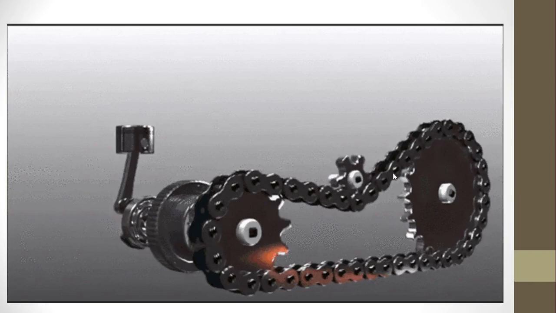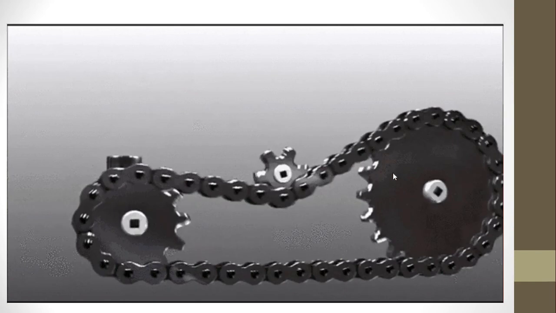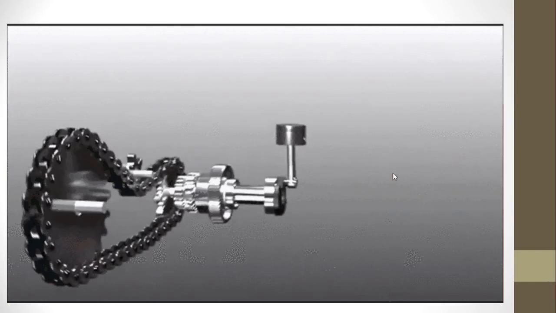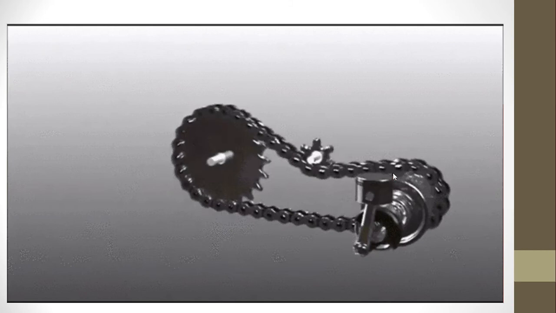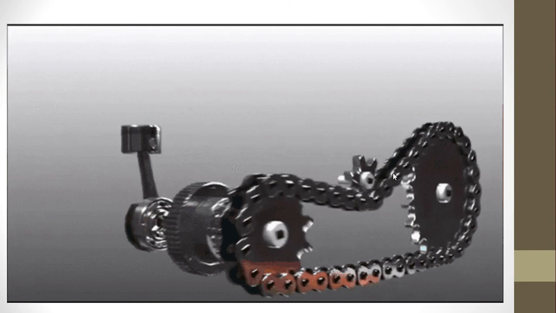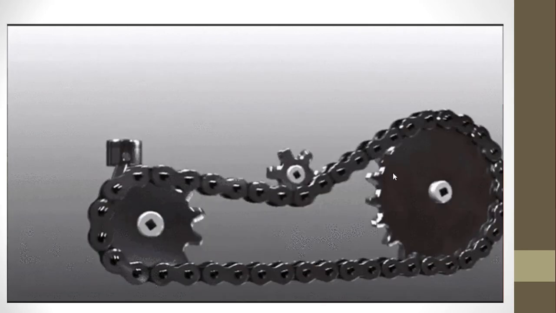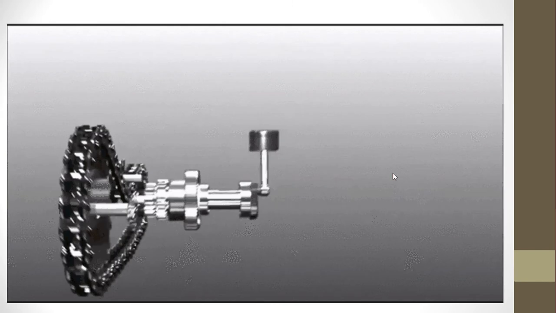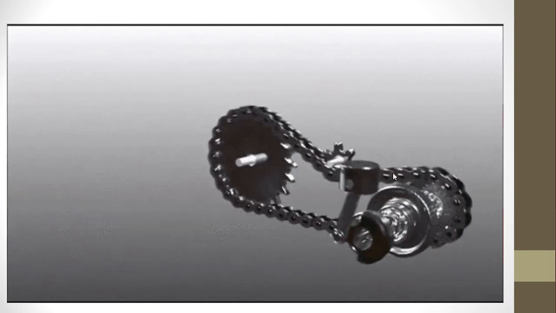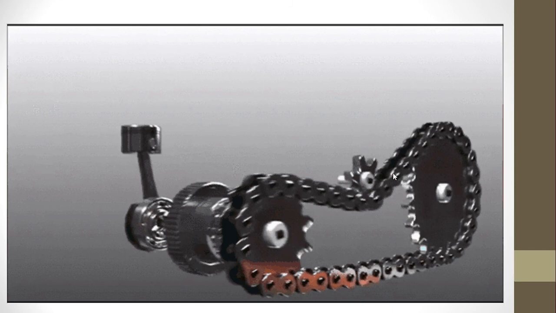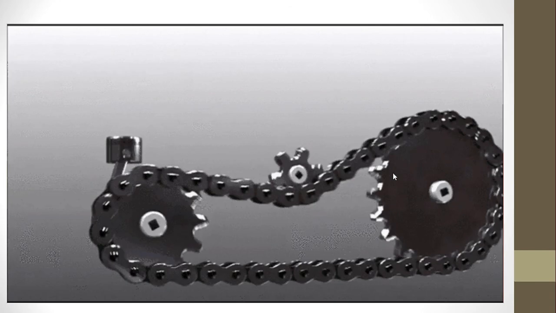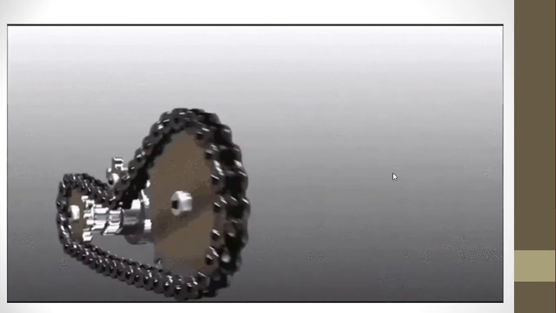The next one is a simple animation showing how the engine provides power to a sprocket, and then that power is transmitted through the chain drive to the output system.